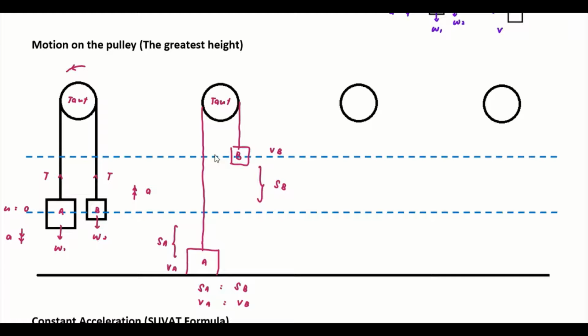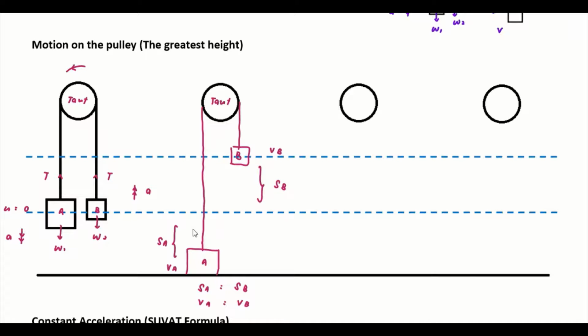Then here comes the other question. If these two particles are at rest at the initial stage, what do you think is the velocity here? I do not know what the velocity is, but one thing I can confirm is that this final velocity wouldn't be zero, am I right? Because it has a certain acceleration causing it to move up.